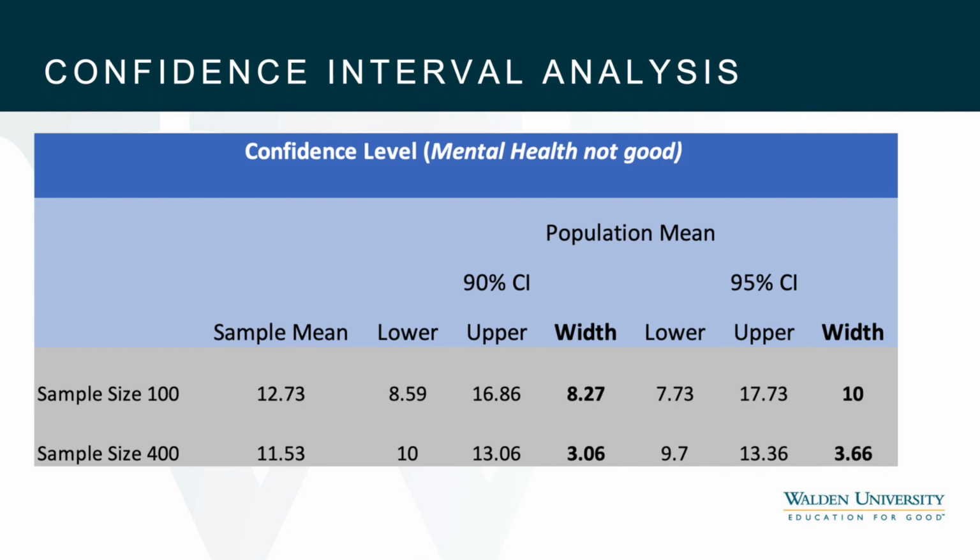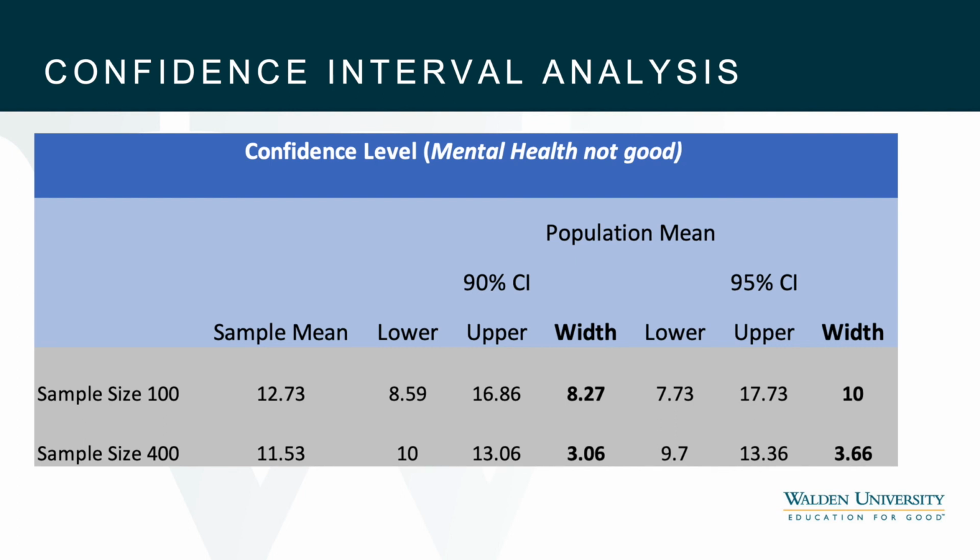Right? I have a higher chance of making a mistake if I just use one sample and one number as a stand-in. And so I want to encourage you to work with confidence intervals and not focus on just a point estimate for a sample mean as a stand-in for the greater population.